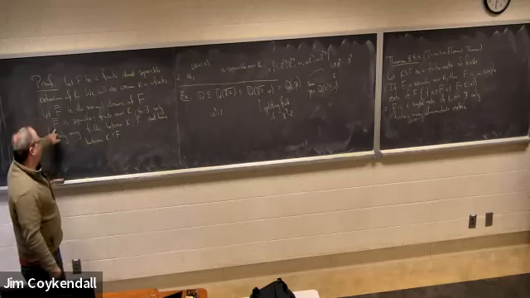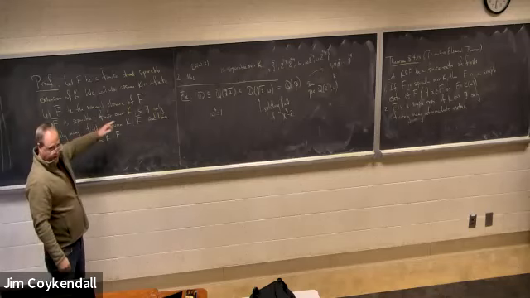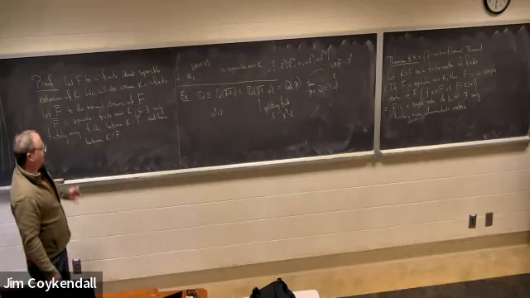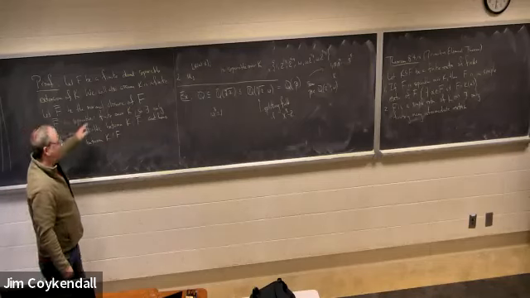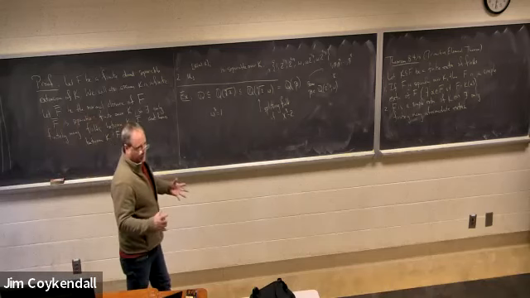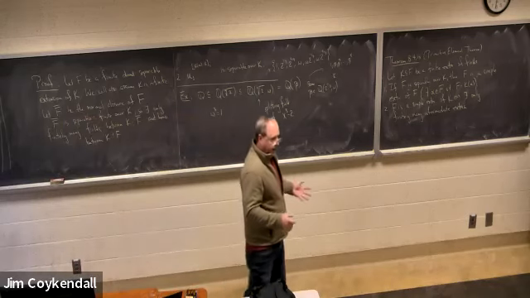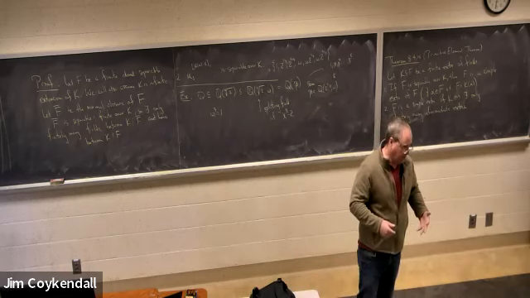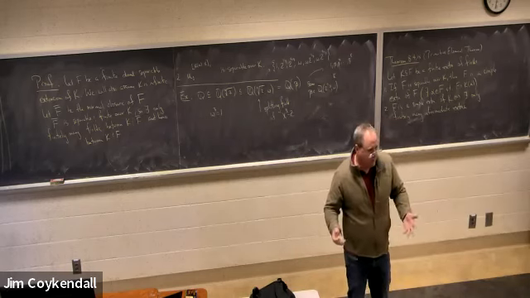Because when you take the normal closure, F bar is now separable and normal over K, so it's Galois. It's a finite extension, so it's got a finite Galois group. And if it's got a finite Galois group, the finite Galois group has only finitely many subgroups.